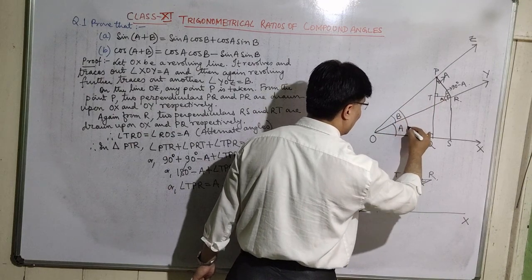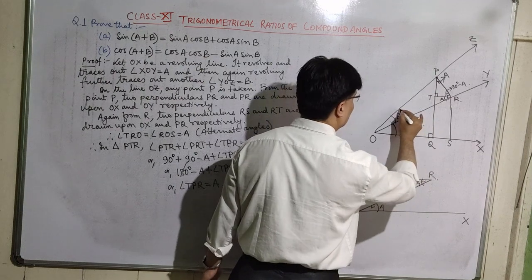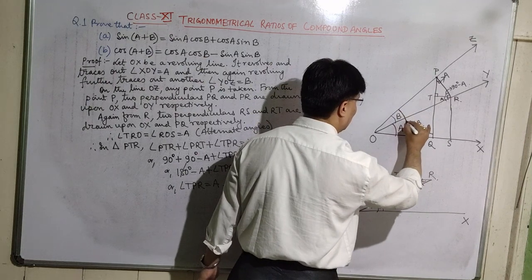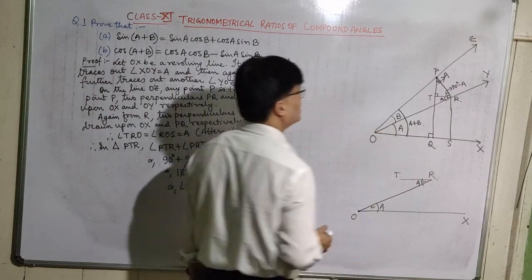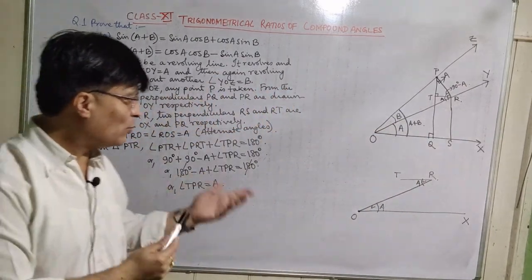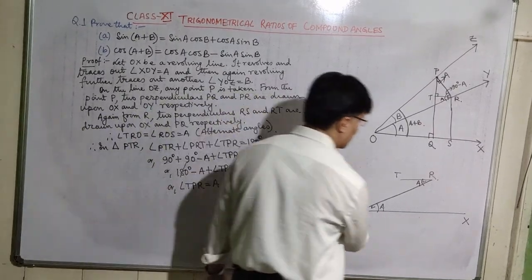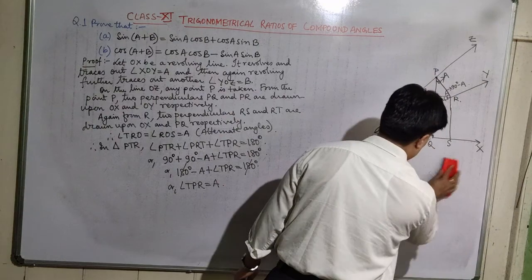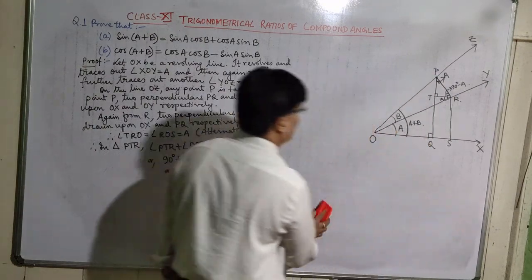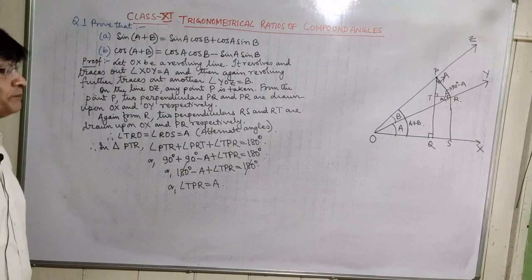So this whole angle is A plus B. Now we have to consider this whole angle, that is your A plus B. Is that understood now? So we can copy it. Now we will prove that result. Sine of A plus B and cos of A plus B. Okay. So you can copy it.